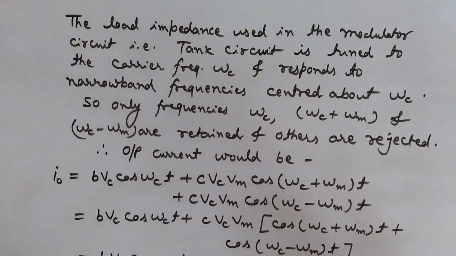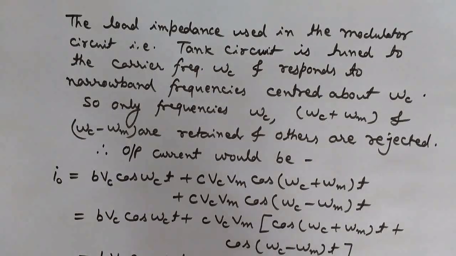In the load impedance we have used an LC tuned circuit, and we will tune it to the carrier frequency. The central frequency will be the carrier frequency omega c, and it will be narrow band, so narrow that it only allows the upper and lower sidebands.